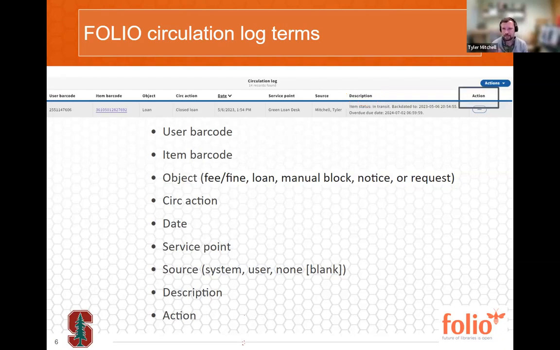And finally, the right-hand side of the action column, that is again contingent on what the circulation action was. But for an example like this, you'd be able to look further at user details for who is associated with the closed loan, or you could also look at item details, which would take you to the item record in the inventory app.